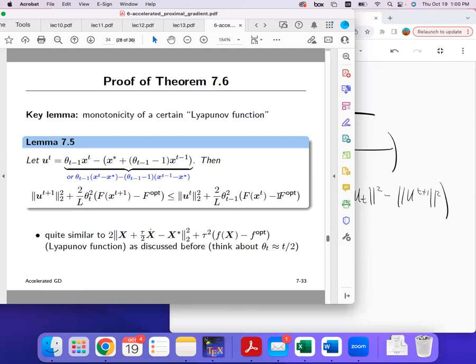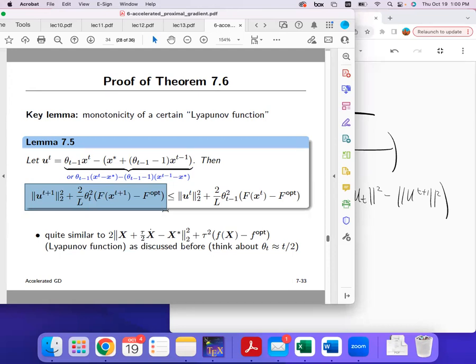So basically, for all the optimization algorithms that we have seen so far, the key concept of the proof is to build something, always build the Lyapunov function. Sometimes this could be the objective function value of the problem, for gradient descent and for proximal gradient descent.